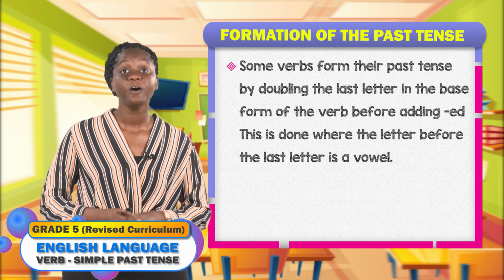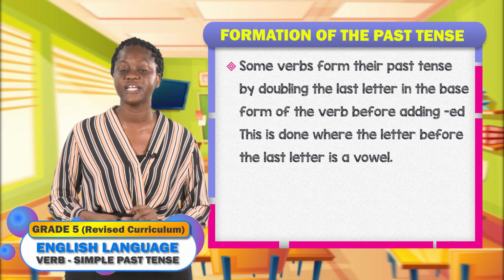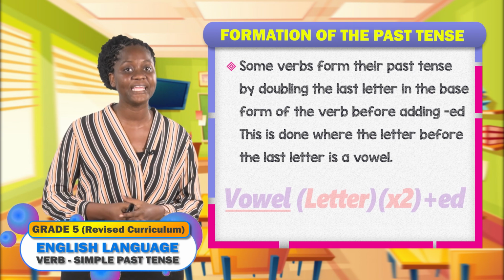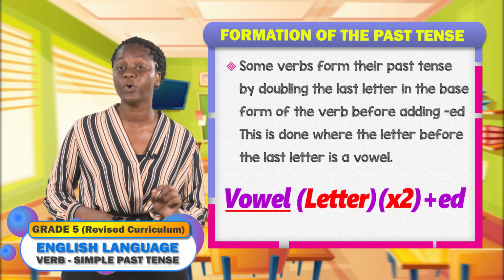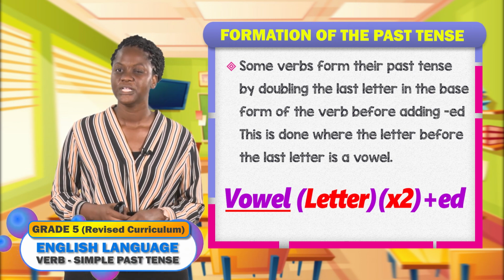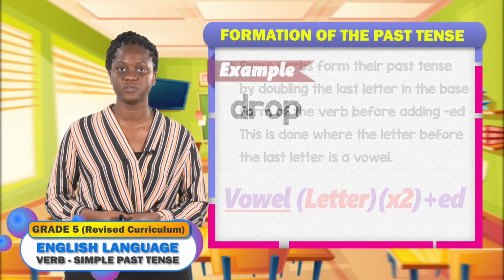Some verbs form their past tense by doubling the last letter in the base form of the verb before adding ed. This is done where the letter before the last letter is a vowel. Let's take a closer look at some of these examples.